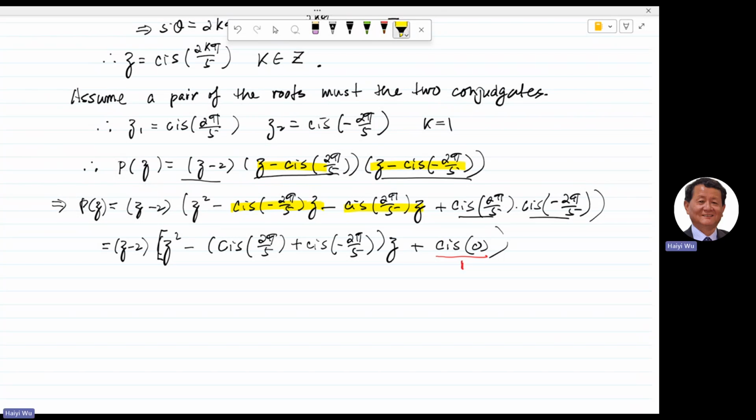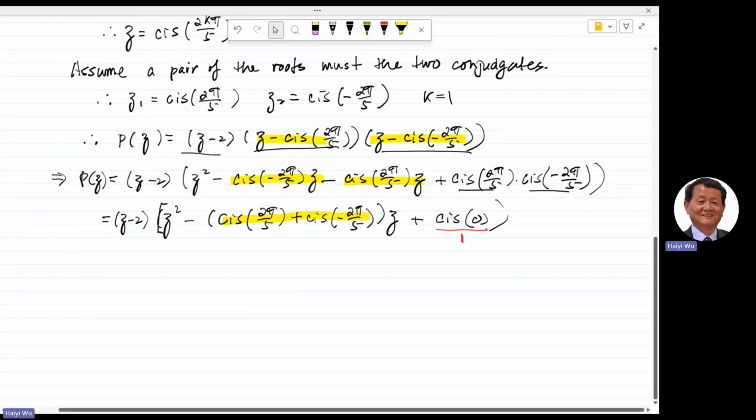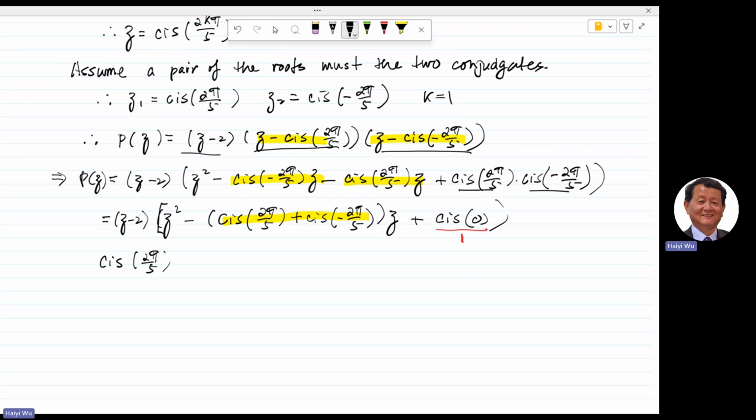So now we're going to simplify this because that's a very long thing. Let's do that separately. So I'm going to put cis 2 pi divided by 5 plus cis negative 2 pi divided by 5. I'm going to do a simplification.